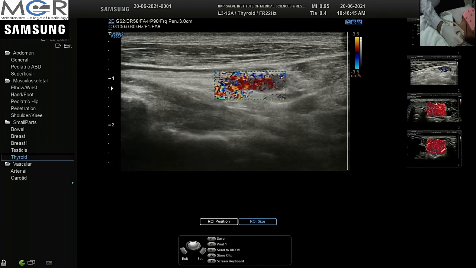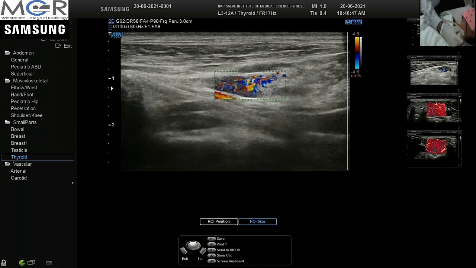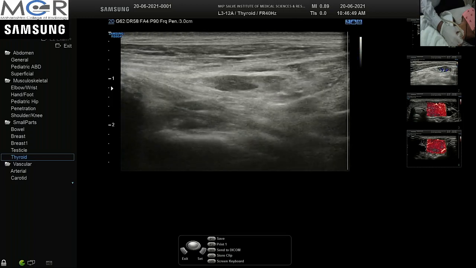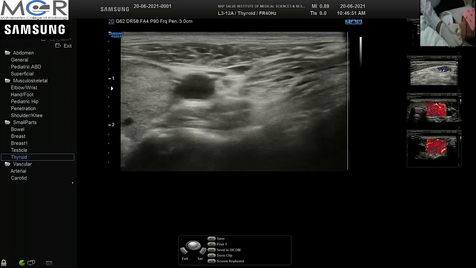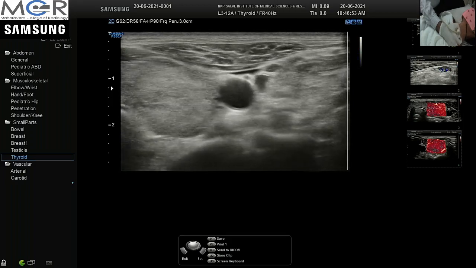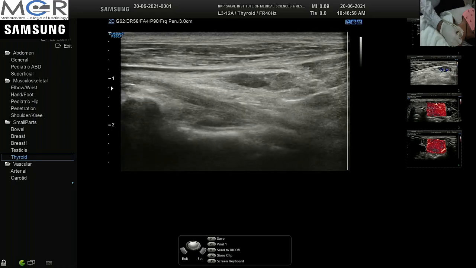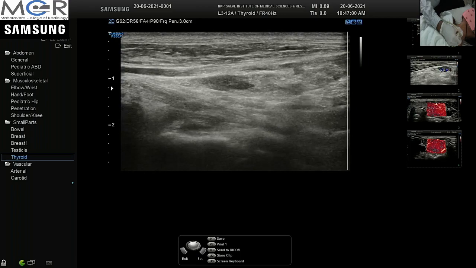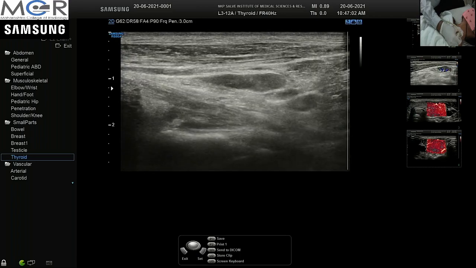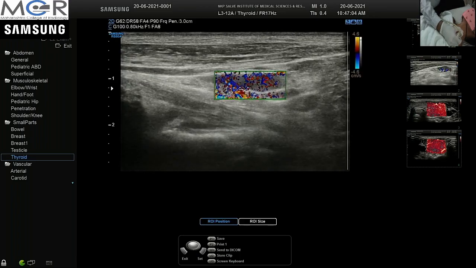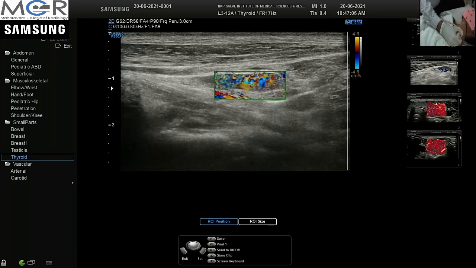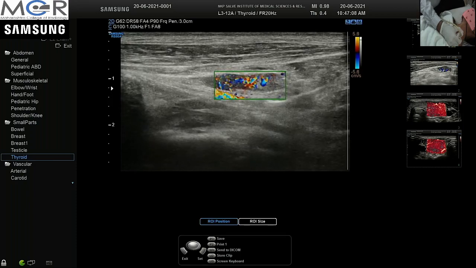I'll just increase the PRF, try to see. Node, there is hilum also. The shape is maintained, and it is very close to the jugular vein.